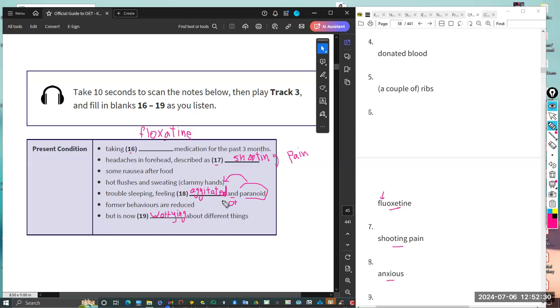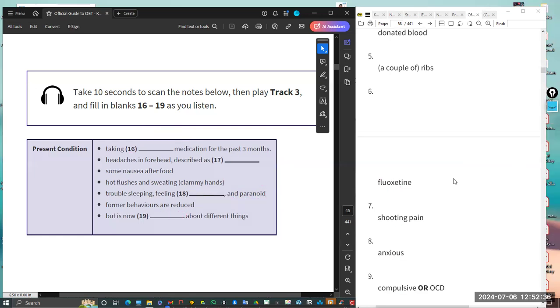We are going to repeat listening to this recording just to make sure that it is anxious. The final one is what? Compulsive or OCD. Okay, let's repeat listening to the recording because we have to write down the correct words.